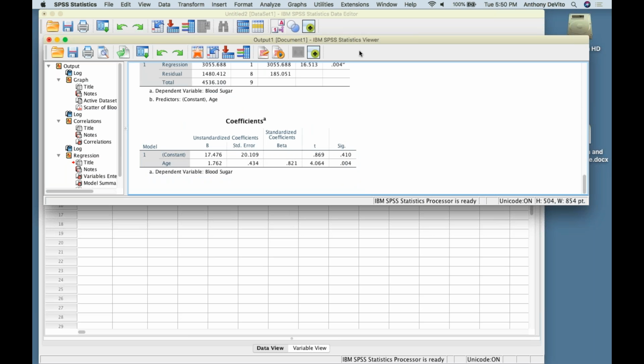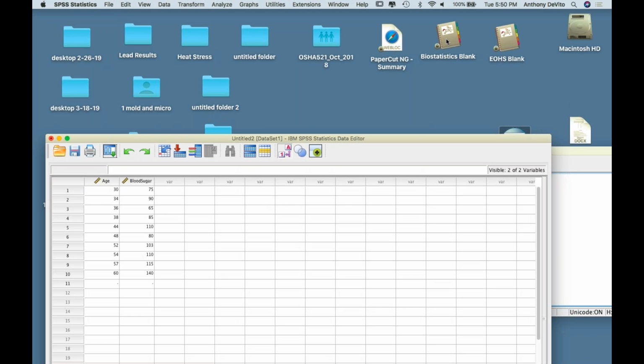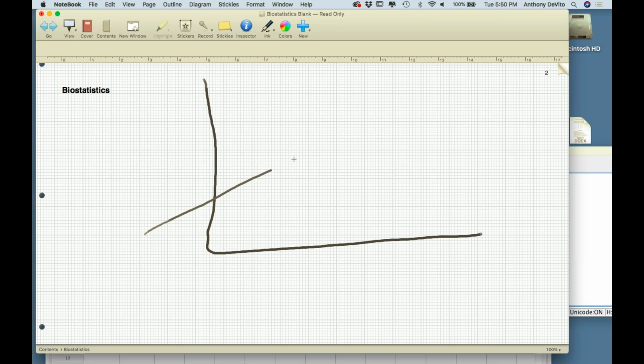I'm going to go back to my little chart there, and I'm going to drag you guys back to algebra. When's the last time you took an algebra class? Been a while, right? Okay. So now, if I draw a graph, and I draw this line, the formula in algebra is usually y is equal to mx plus b.